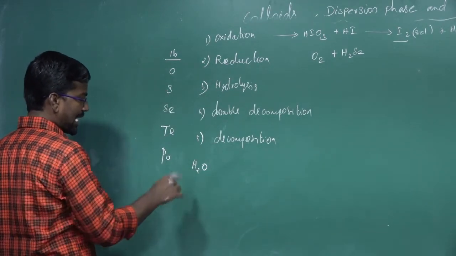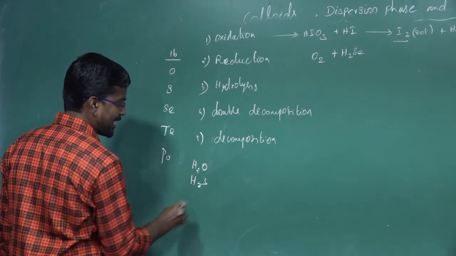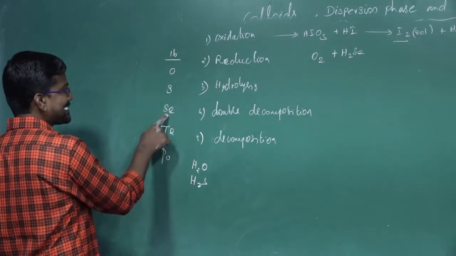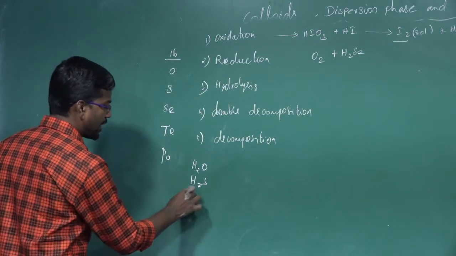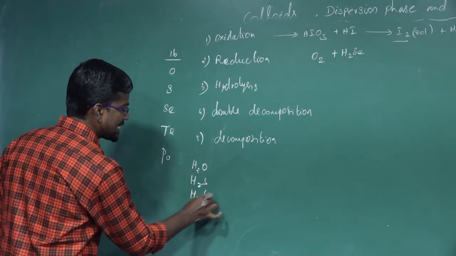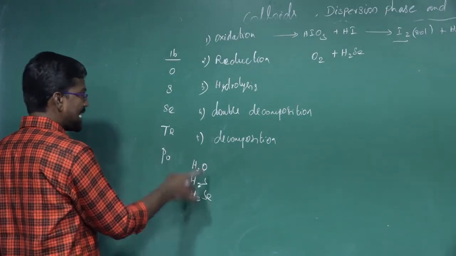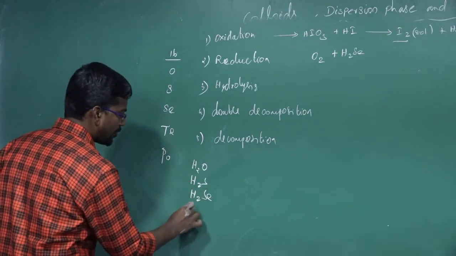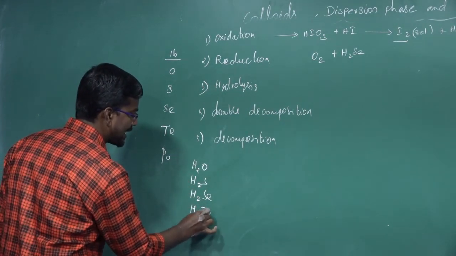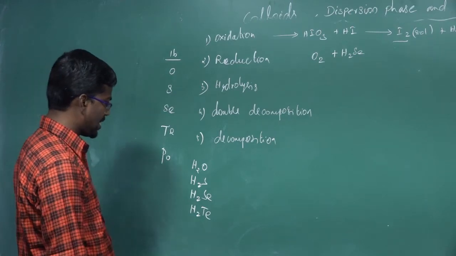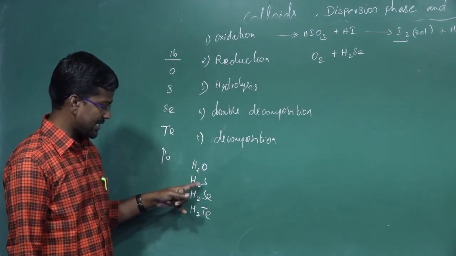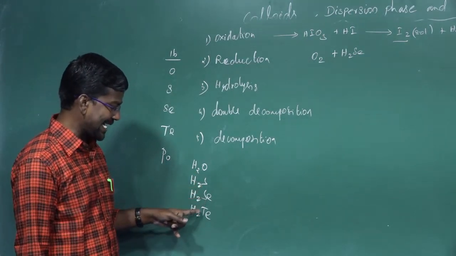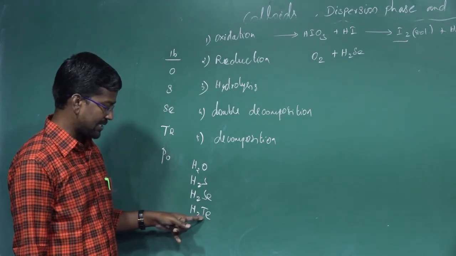Sulfur can combine with hydrogen to form hydrogen sulfide, H2S. Selenium combines with hydrogen to form H2Se, hydrogen selenide. Tellurium combines with hydrogen to form hydrogen telluride, H2Te. So: hydrogen oxide, hydrogen sulfide, hydrogen selenide, hydrogen telluride.